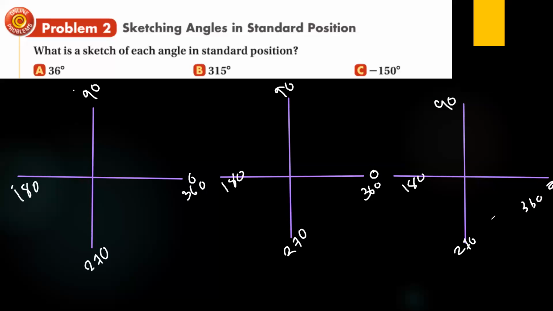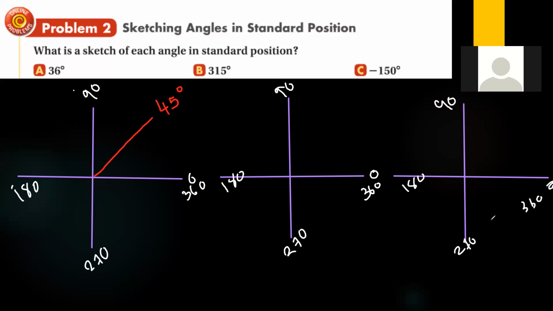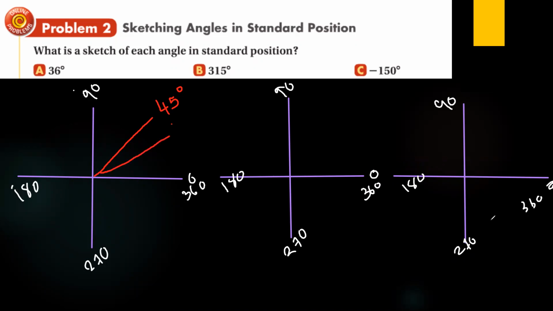Now, as you see, this is 0 and this is 90. So in the middle here, we have 45, because if you have 90 and 0, the mean point or the average point between them is 45. So if I need to draw 36 here, I have to say this is 30 and this is 60. What did I mean by that?